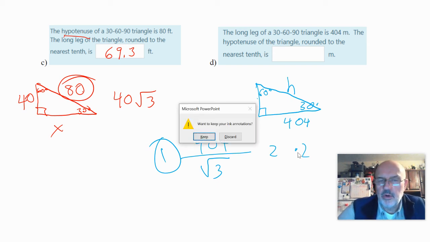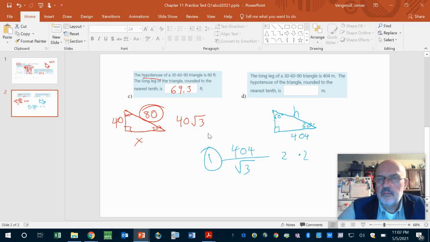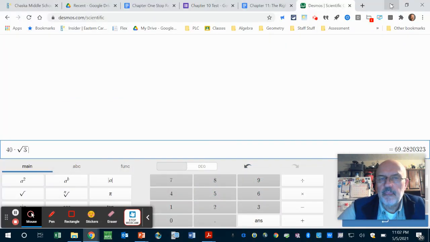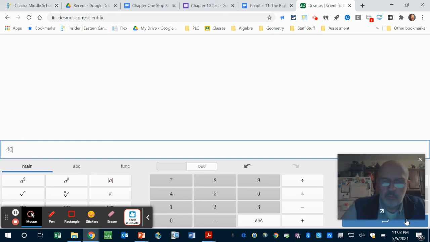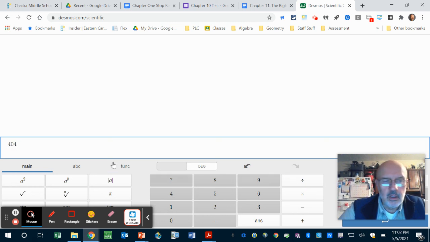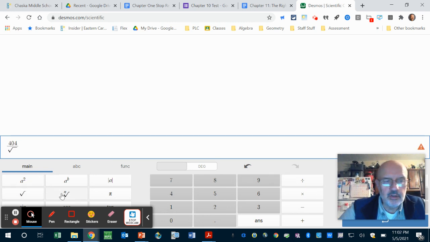404 divided by the square root of 3. Here's the square root button over here. And you see that that equals 233.249.